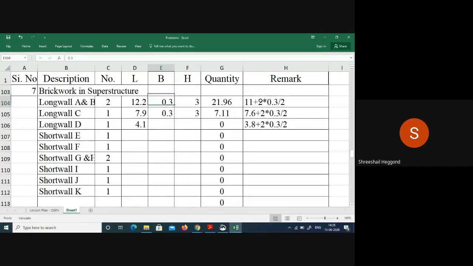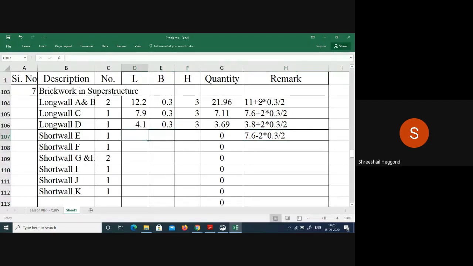4.1 and 3 meter. And next, short wall E is 7.6 center to center length minus 2 into 0.3 divided by 2 you have to do.